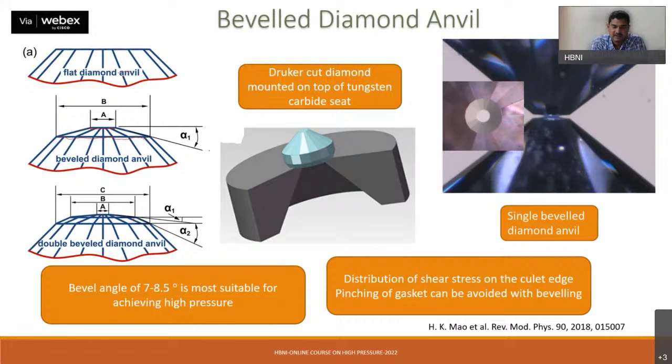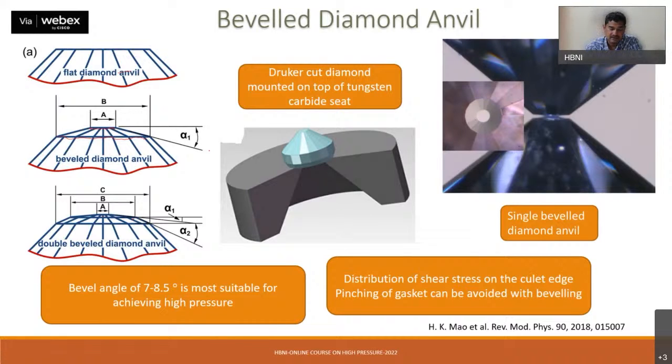The advantage of these bevel anvils is that you not only achieve higher and higher pressures, they also help you avoid the pinching of the diamond into the gasket. Otherwise, if you don't bevel, the diamond pinches into the gasket at higher pressures.